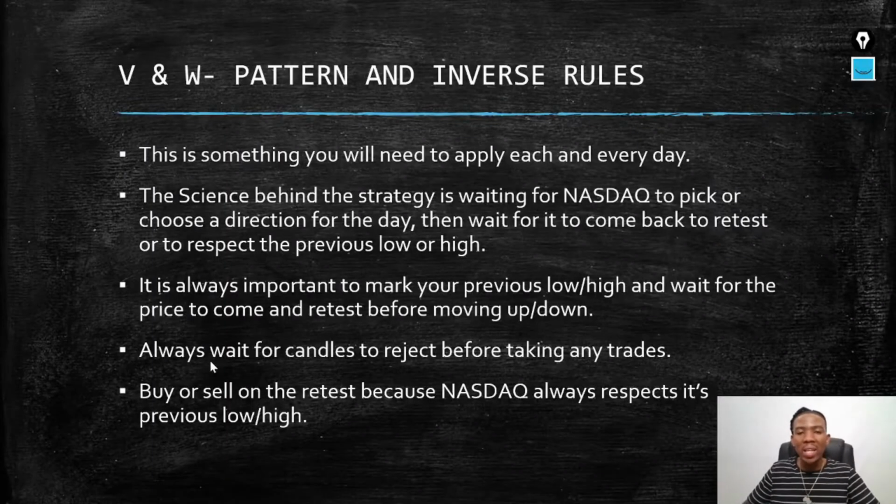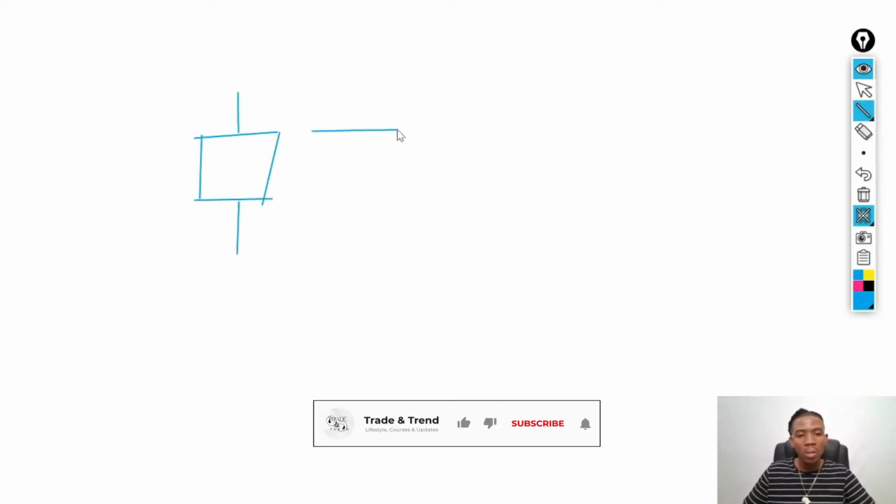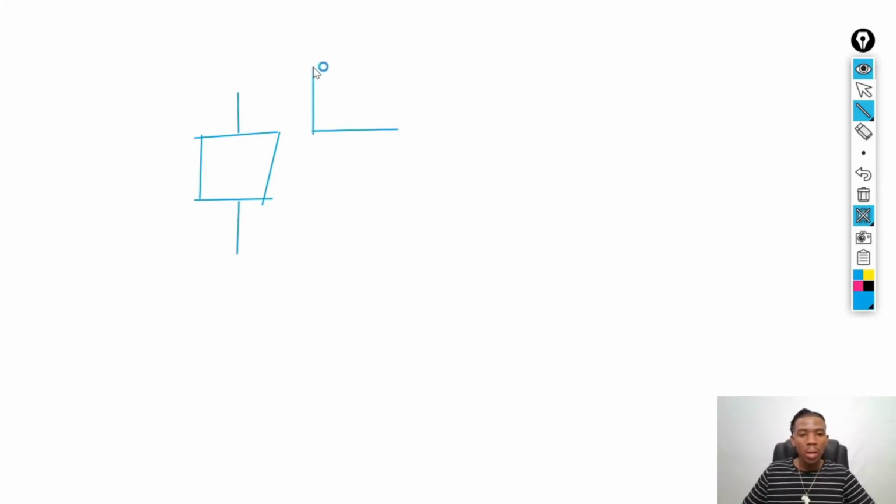Always wait for the candles to reject before taking the trade. As you all know, if I need to explain candles, if we have a candlestick, for it to close, we need to see it with this line. If this is a candlestick that we have, it's going to open. If it's a buy, it's going to go up, and it's going to close. It needs to close and open a new one for you to enter.